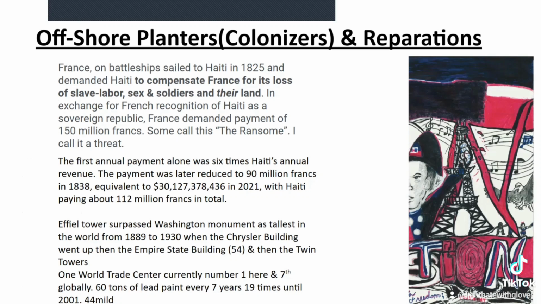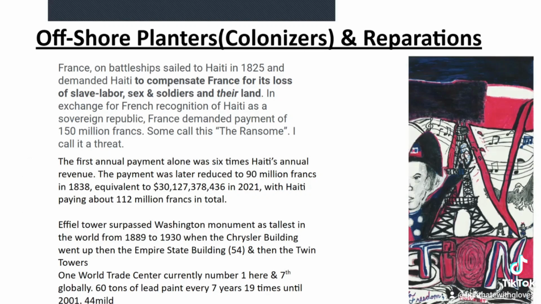Those colonizers that stole, I'm here at the Eiffel Tower now, they took from Haiti again by charging Haiti a ransom. They threatened the people of Haiti, France did, and took so much money from these poor people and built these towers, these buildings.